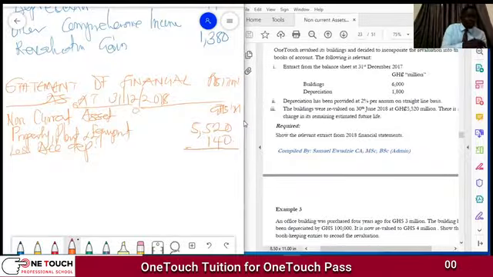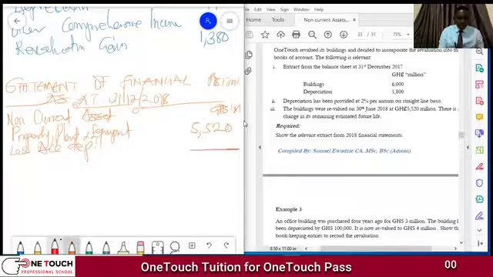Okay, let me do it this way. I wanted to deduct it straight from the 5,520 minus 80,000.